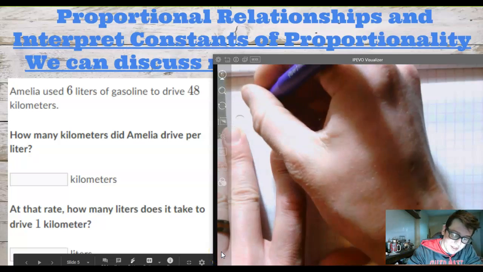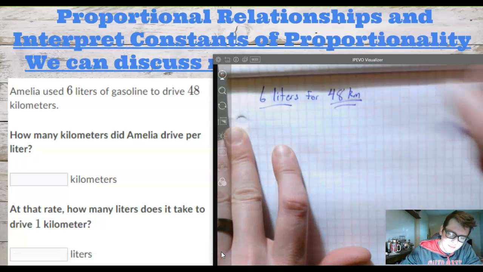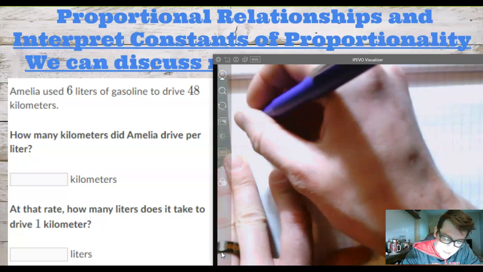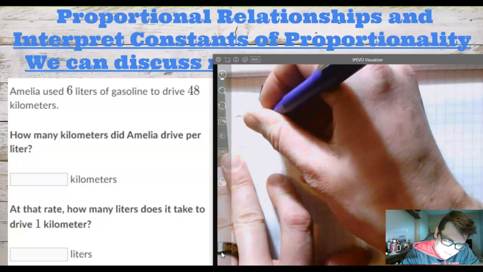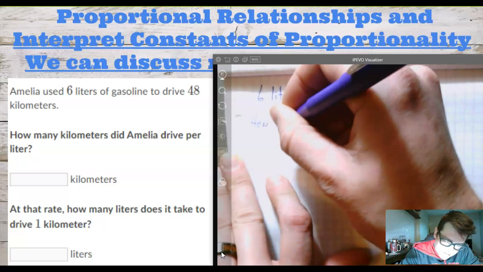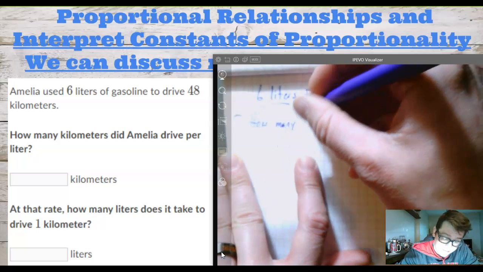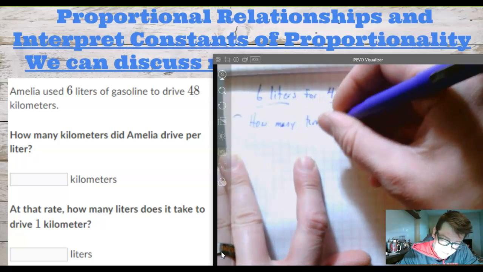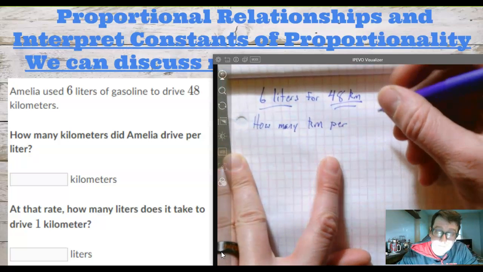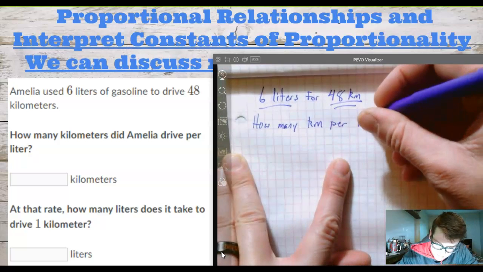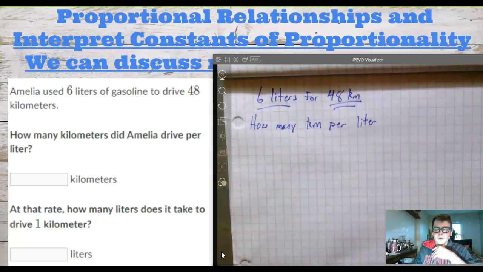They tell us 6 liters for 48 kilometers. They ask us how many kilometers per liter. Go and write down how many kilometers per liter.